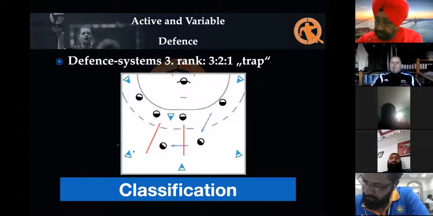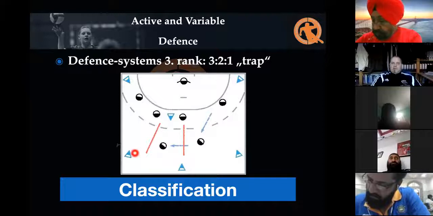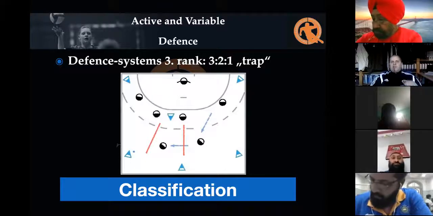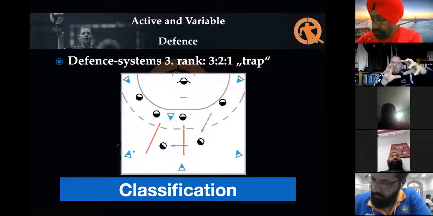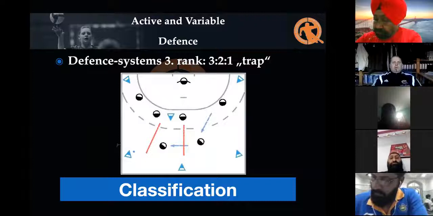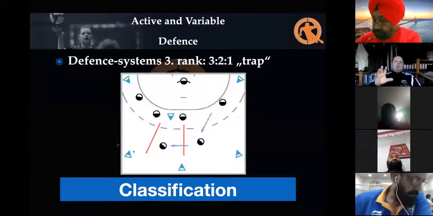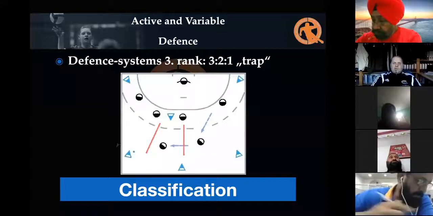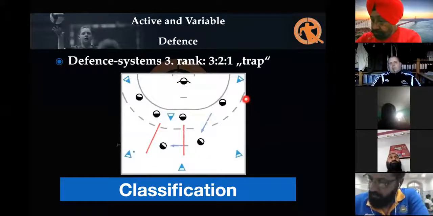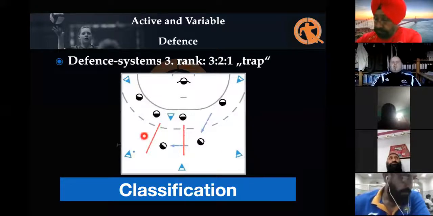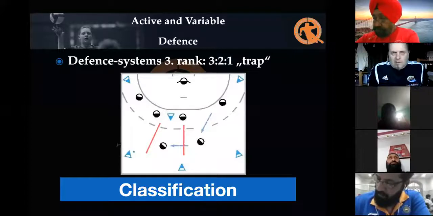So this is the trap defense, because this left back player is really trapped in that area, and the basic idea of the defense is to close that area and never let them out, not with a quick ball circulation, maximum with a very slow ball circulation to bring the ball to the other side, which gives enough time for the defense to move to the new ball side.